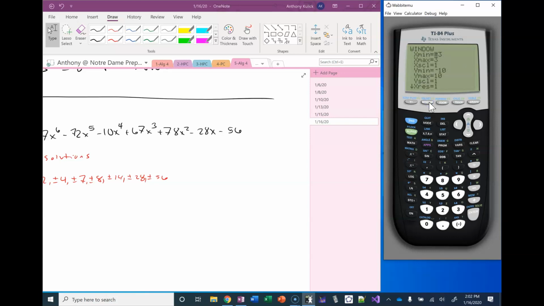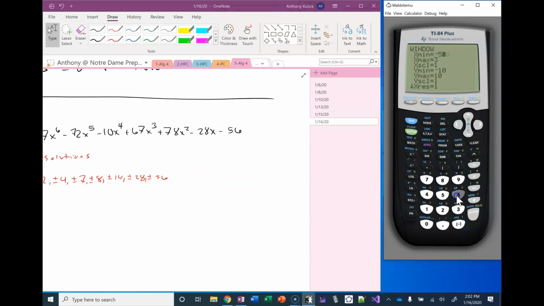We're going to go to our window, and we're going to pick a max and a minimum for the x's. How do I pick the maximum and minimum for our x's? Yeah, pick the biggest and smallest number off of our list.